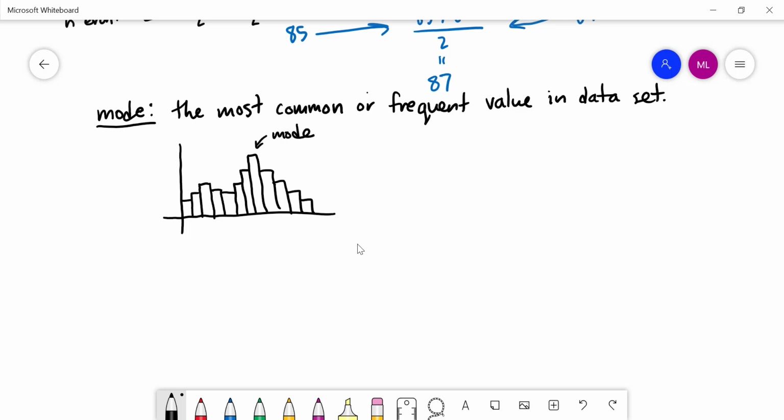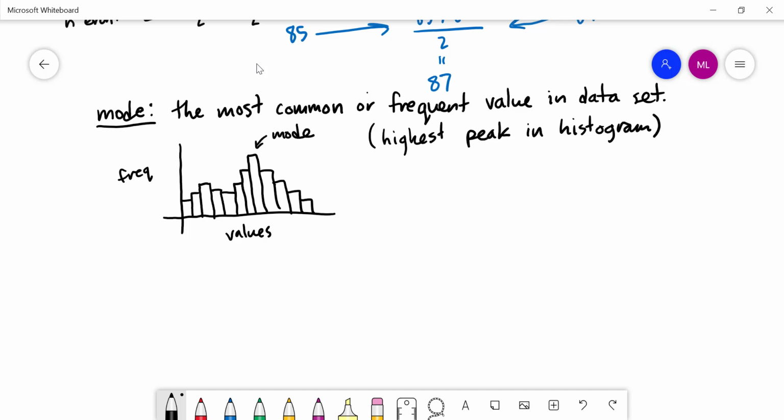The mode is the peak of our data set because this would be frequency, and here would be our values down here. The most frequent value is the one that has the highest peak. So this is just the highest peak in our histogram, and it's the value associated with that highest peak. So whatever number would be sitting down here, that would be the mode. Whatever number has the highest peak.